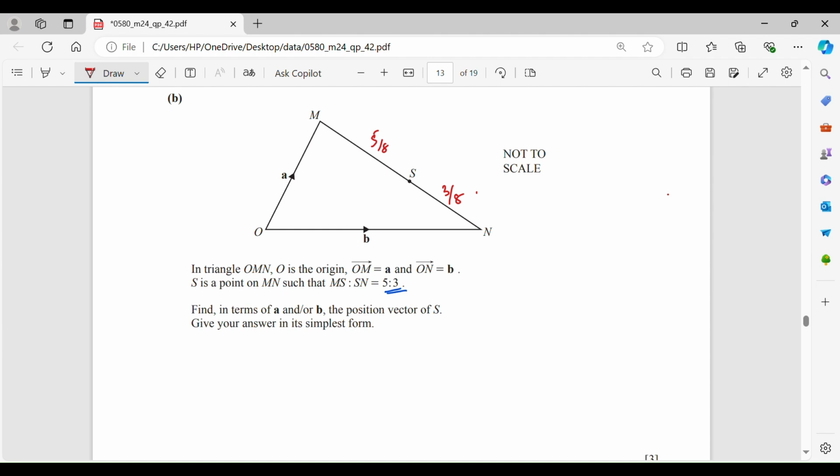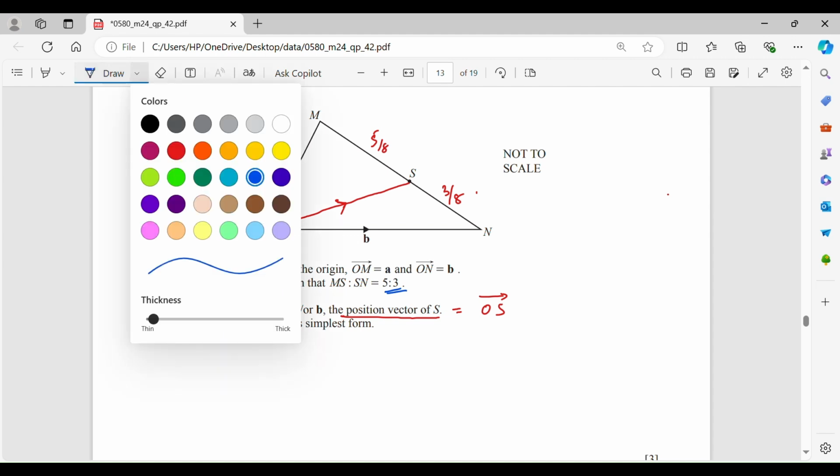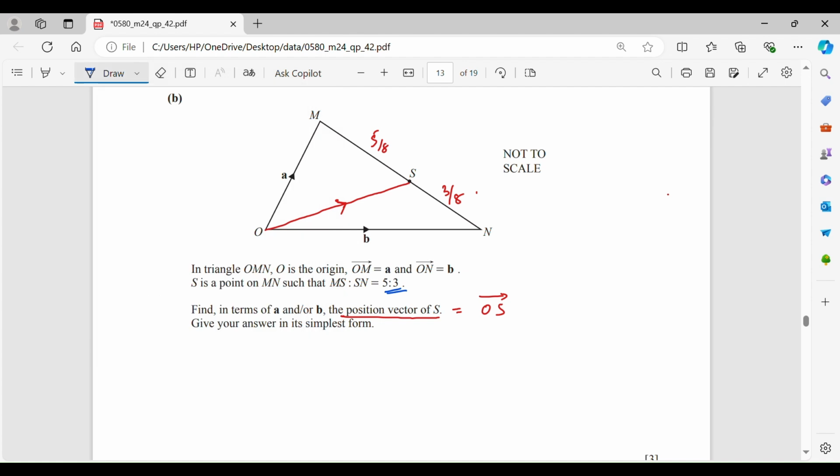Find in terms of A and B the position vector of S. So we need to find the position vector of S. That means we need to find the OS vector. Let me draw one line from here to here, OS, and mark this OS vector. This OS vector will be equal to OM vector plus MS vector.